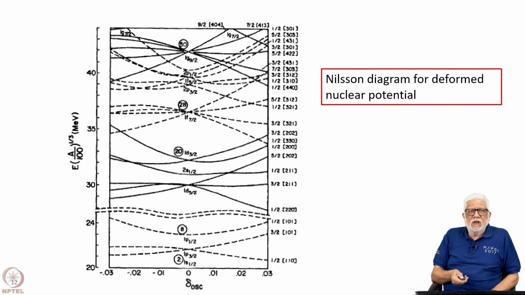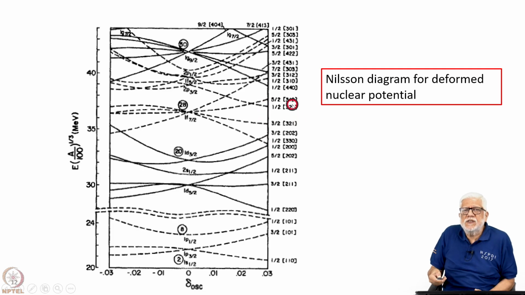These energies are scaled by some quantity here and plotted as a function of this delta deformation parameter. If delta is positive, then the low omega values are smaller and the high omega values are larger, as you can see here.